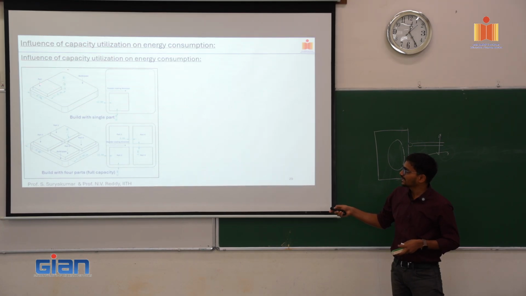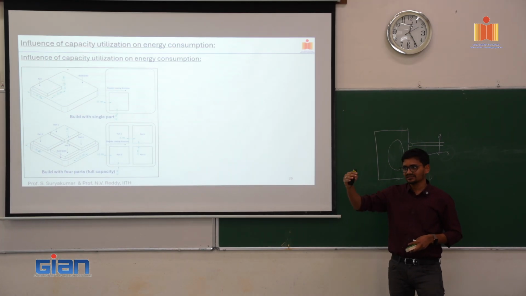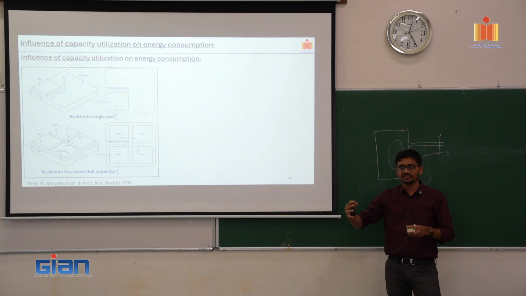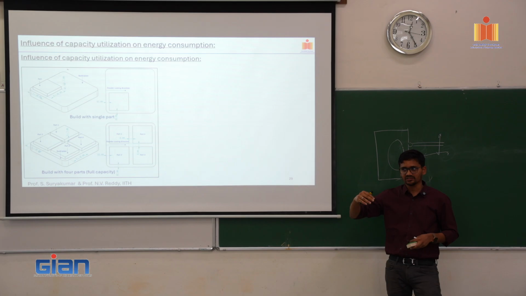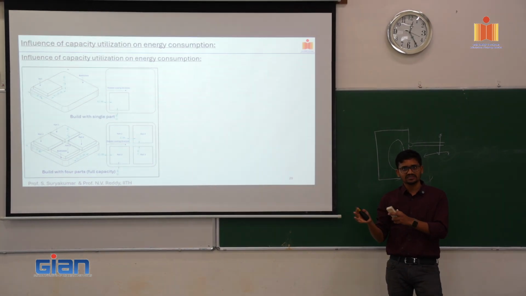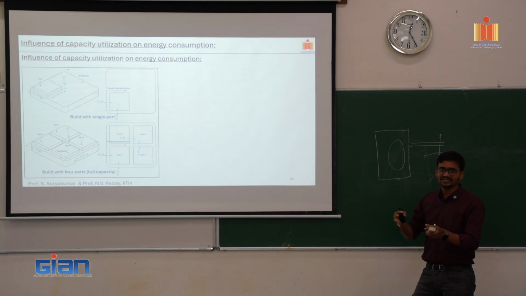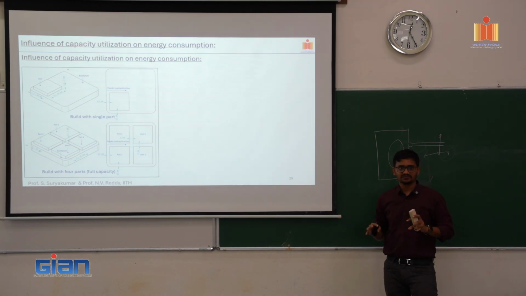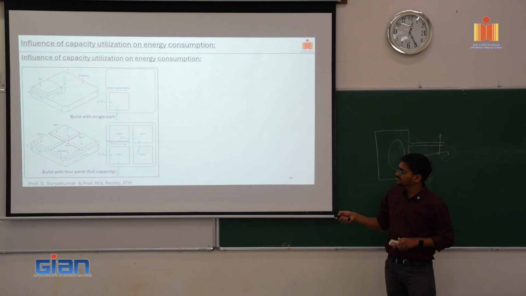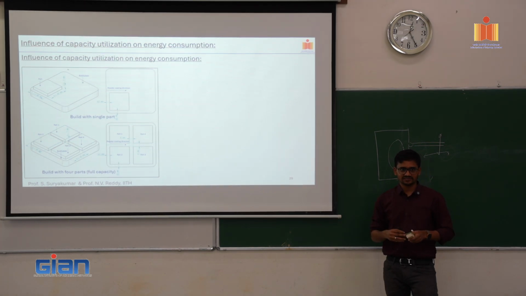Even for making only one part you need to turn on the machine, and the machine itself will require a lot of energy. You need to turn on the laser unit, you need to turn on the chiller unit, and all of these things will require a lot of energy. But if you make 4 parts, then the process energy will be increasing, but the constant standby energy will be the same, right? So what it means is that the total energy required for a given part will be less.